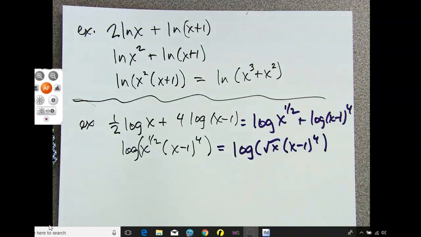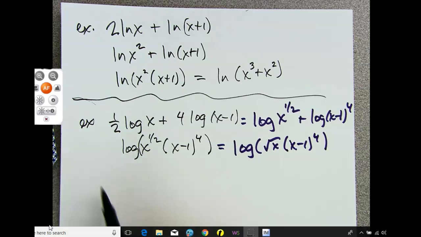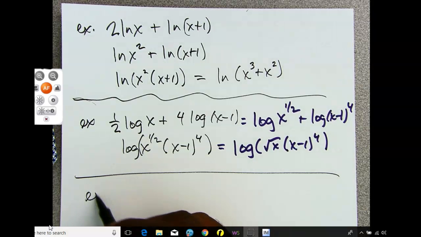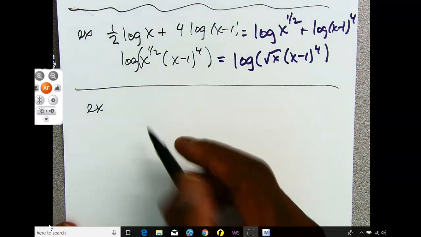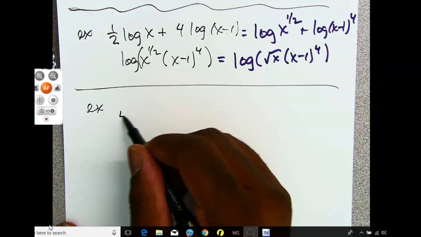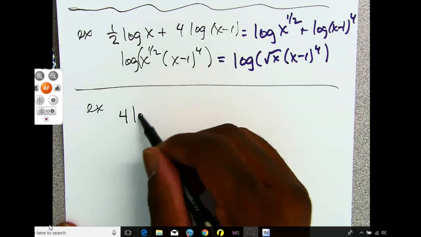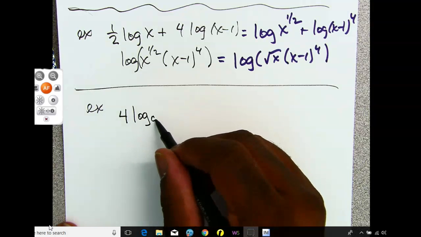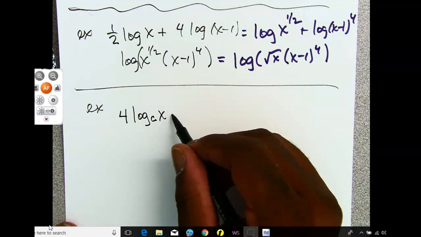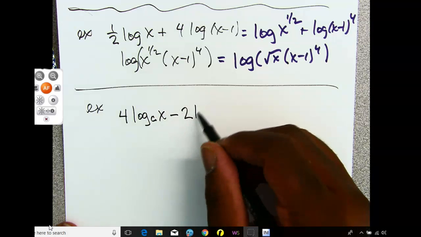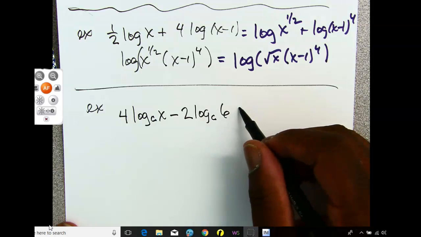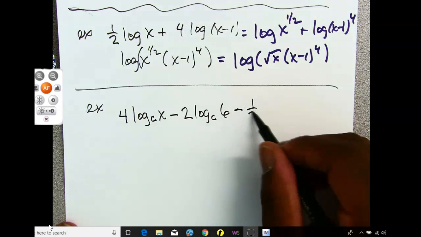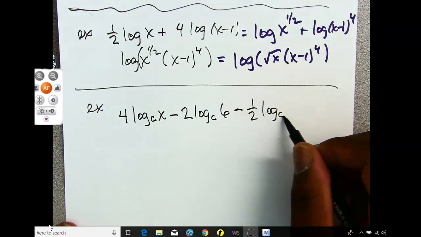All right, enough of these baby problems. Let's take a look at this next one. All right, how about 4 times log base c of x minus 2 log base c of 6 minus 1/2 log base c of y.